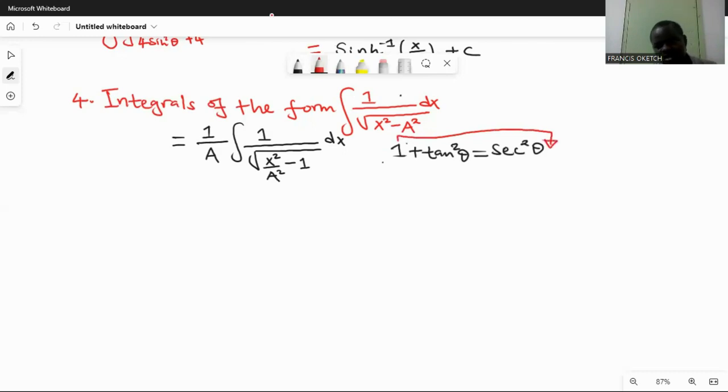Remember, this was a note, just explaining how to get the substitution. So this can be written as sec squared theta minus 1 should be able to give us tan squared theta.